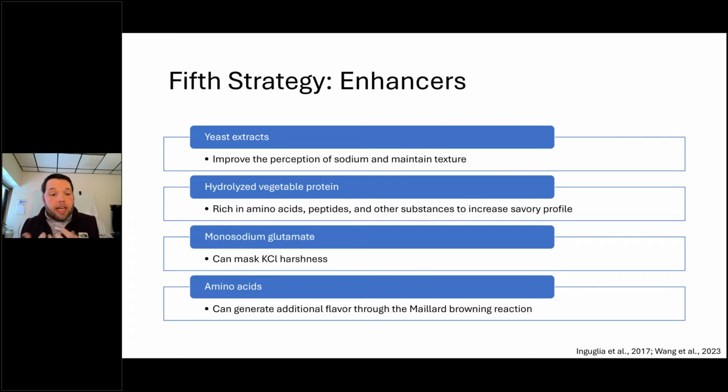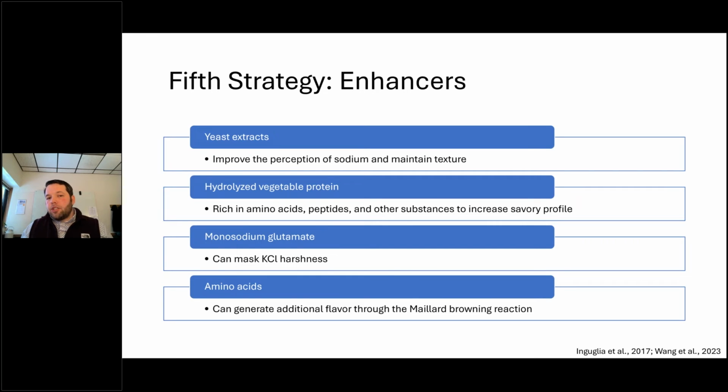The fifth strategy is enhancers. So that's utilizing ingredients such as yeast extracts or hydrolyzed vegetable protein to enhance the perception of sodium in the mouth while maintaining texture. It's creating a more savory environment, which sort of tricks the brain into perceiving more salt as well. We can use monosodium glutamate or MSG to hide or mask potassium chloride's harshness.